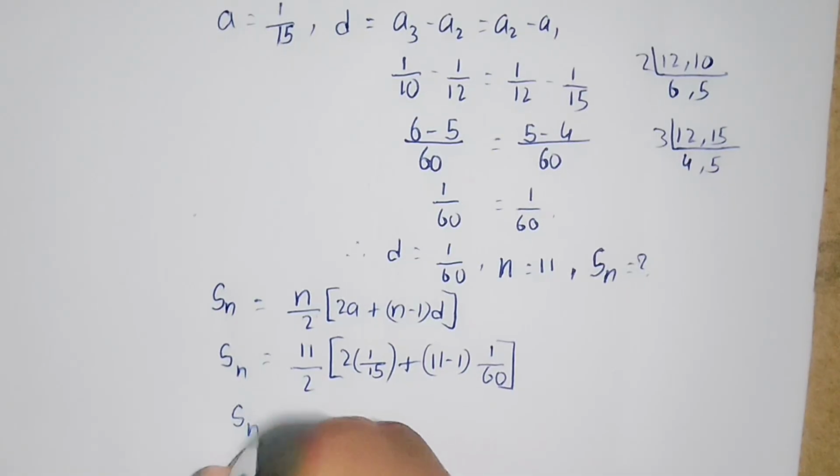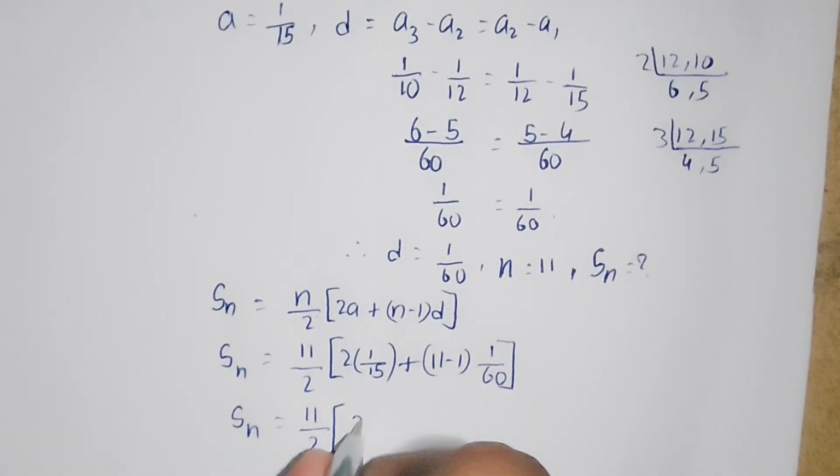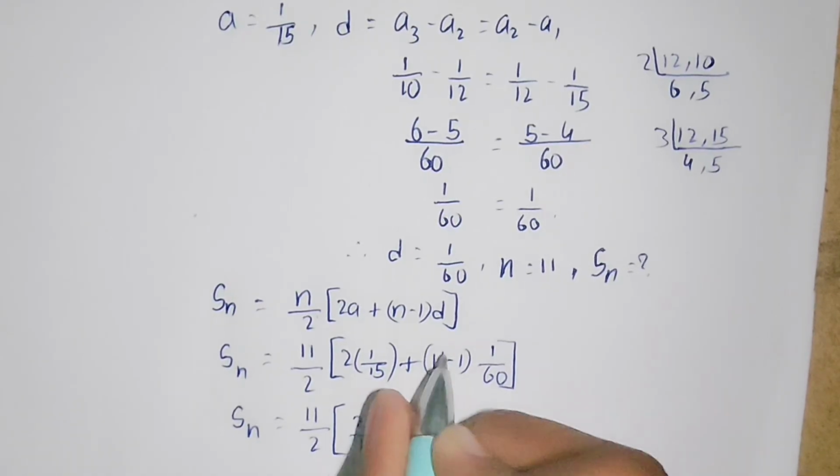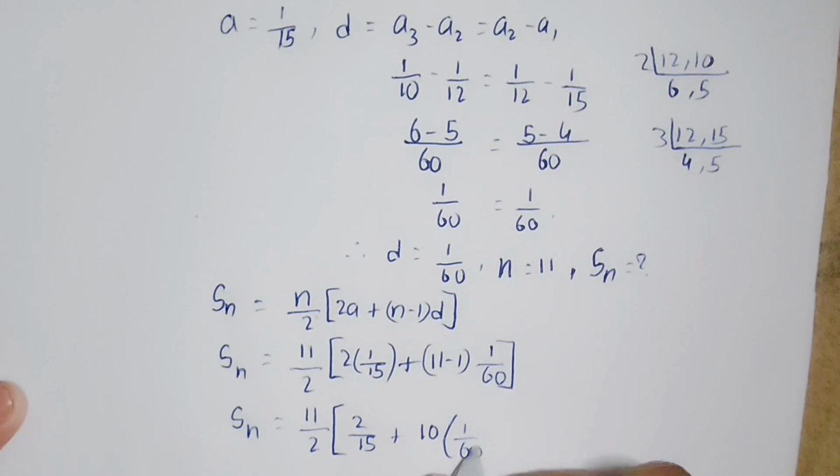So S base n is equal to 11 by 2 into (2 into 1 by 15, that is 2 by 15, plus (11 minus 1, means 10) into 1 by 60).